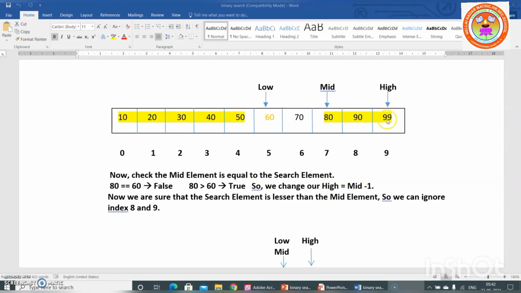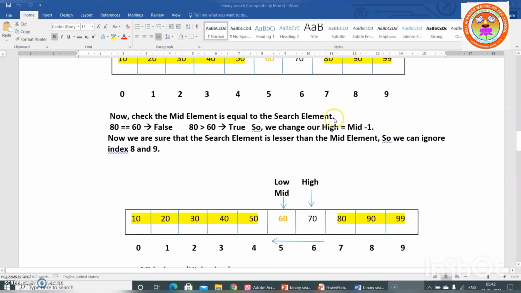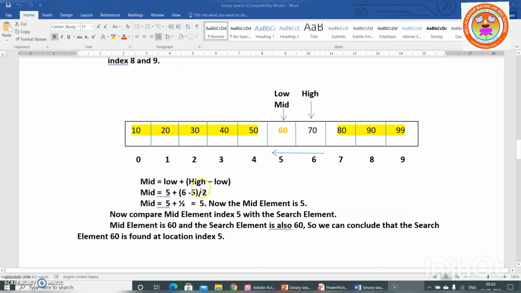So what happened? High is shifted to this place, index 6. Then low and mid will be the same index. And now again we are going to find out the mid. Here 5 is low, and high is 6, so 5 plus (6 minus 5) divided by 2. 6 minus 5 is 1. 1 by 2, if you divide, you will get 0.5.